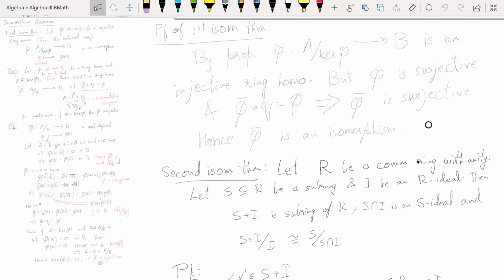So the image of phi bar is the same as the image of phi by this formula. Since the image of phi is B, the image of phi bar is also B, and hence phi bar is not just an injective ring homomorphism; it's also surjective, which tells you that phi bar is an isomorphism. So the first isomorphism theorem is basically a special case of this proposition.